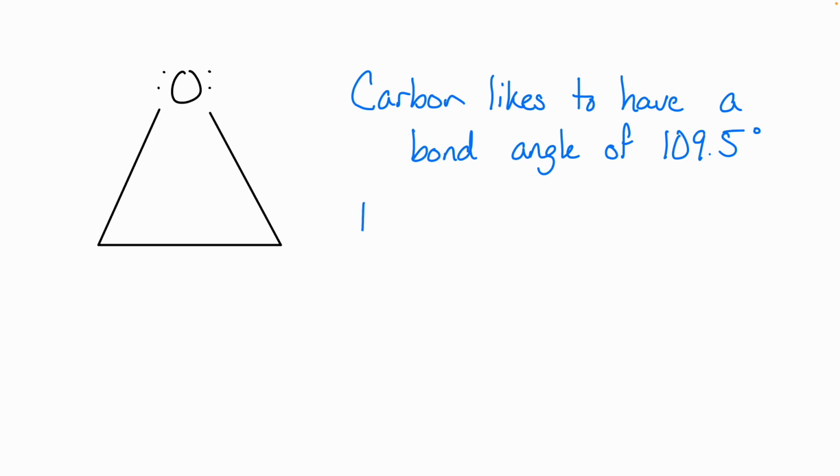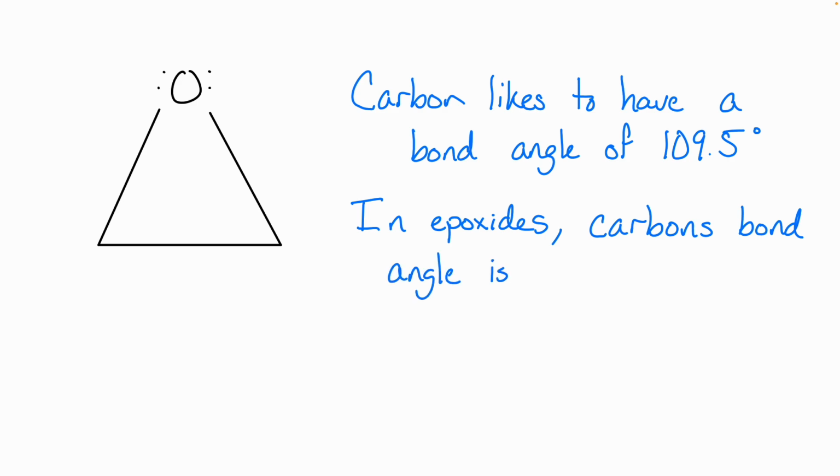All right, in our epoxide, does anybody remember from geometry class, what is the bond angle of a triangle, an equilateral triangle? 360. Awesome, yes, 60 degrees, exactly. All right, so in epoxides, carbon's bond angle is only 60 degrees.